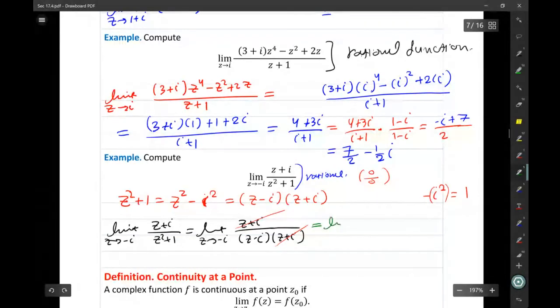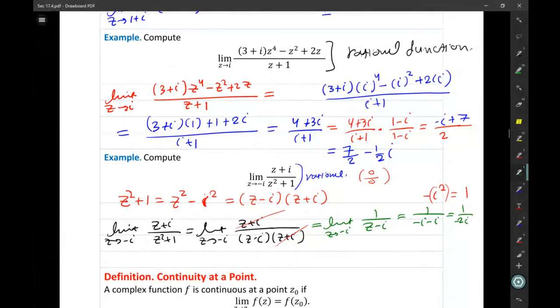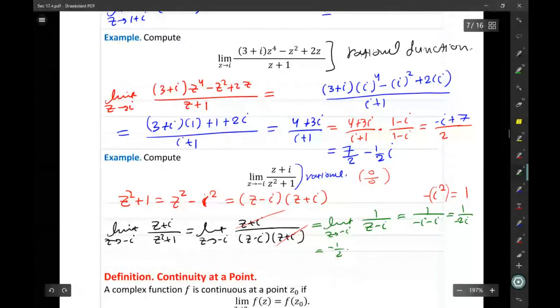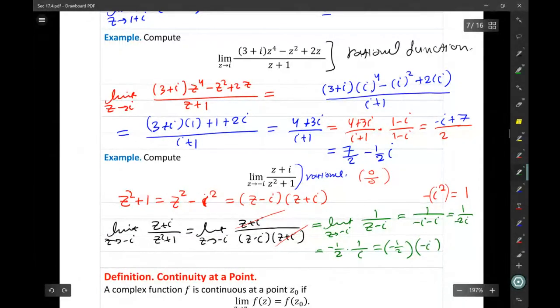It becomes the limit of 1 over (z minus i) where z approaches minus i, which is 1 over minus i minus i, which is 1 over minus 2i. This equals minus half times 1 over i. The 1 over i we solved last time by the conjugate, and it gives us minus i. So this equals i divided by 2.